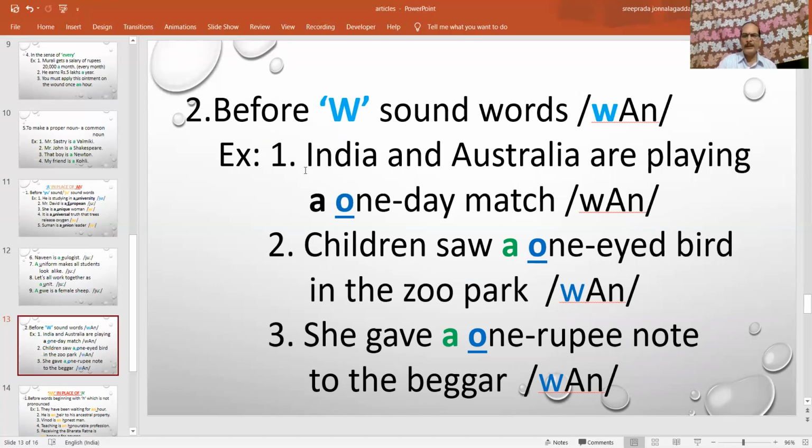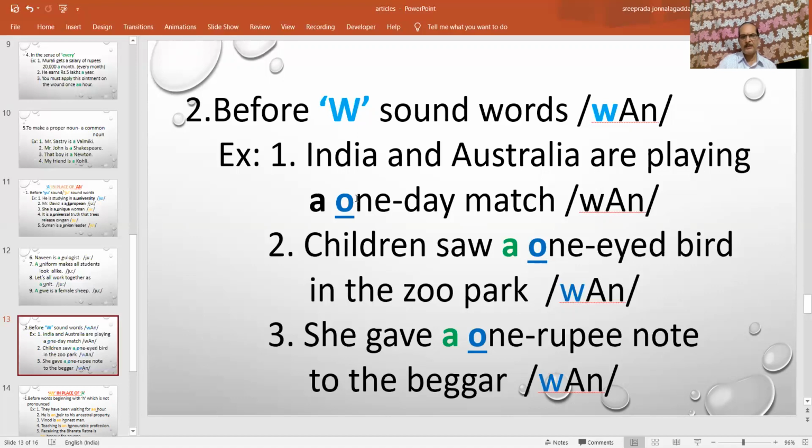For example, India and Australia are playing a one-day match. Here, look at the word one. How do you pronounce it? Just like you pronounce the word won. So from this vowel letter O, we are getting the sound of W. Here it is, a one-day match.